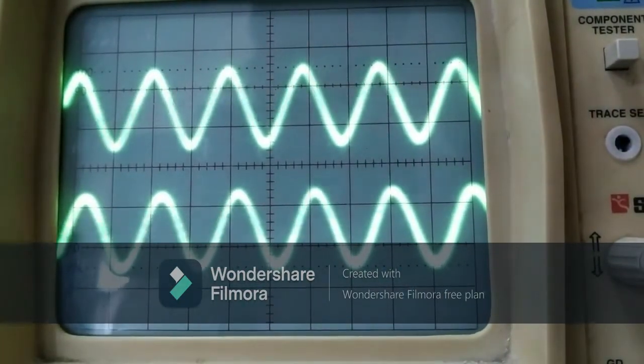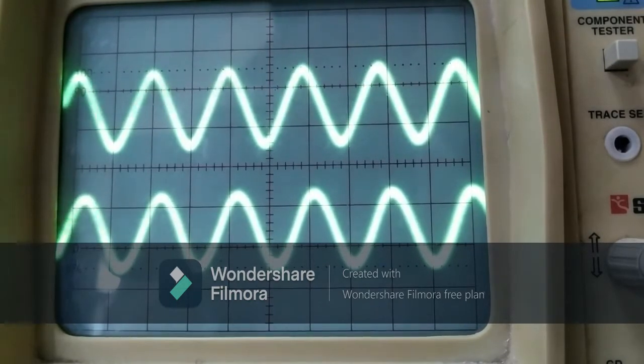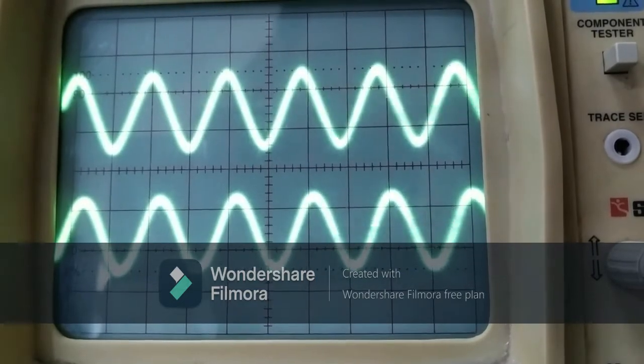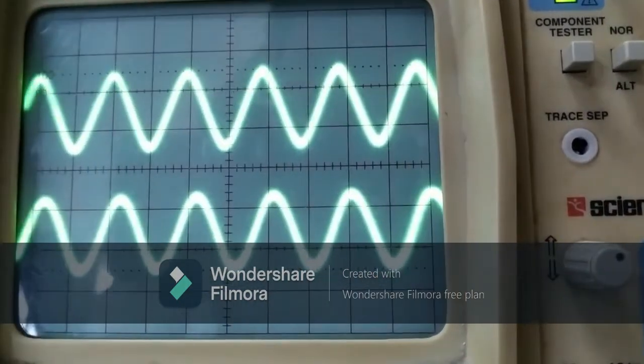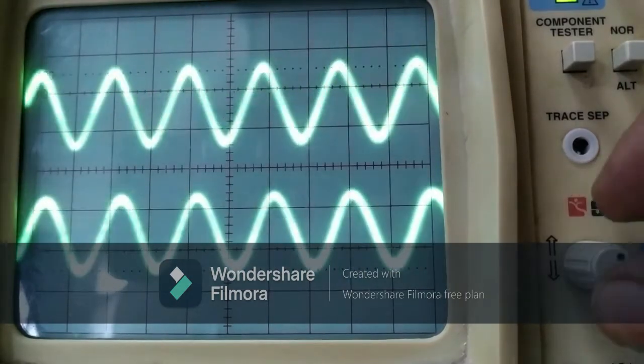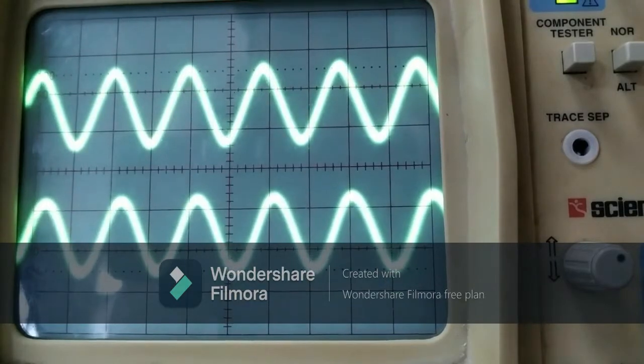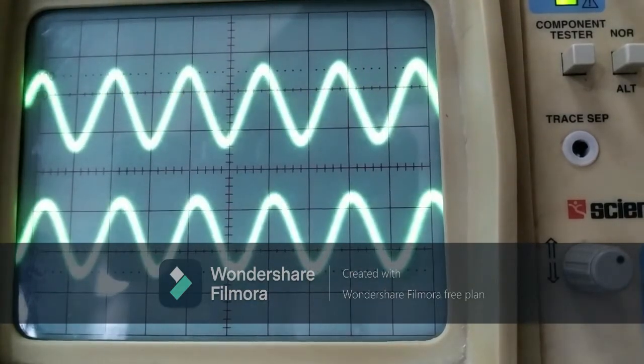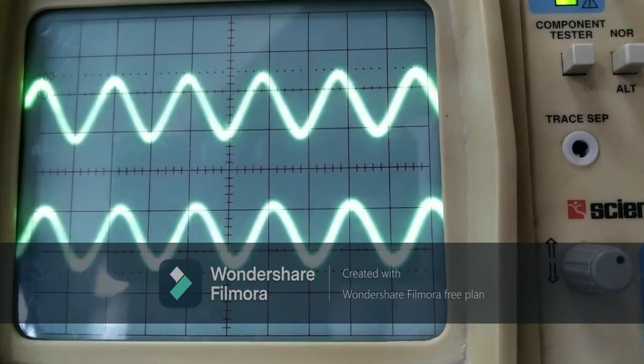Now the output of the balanced modulator is connected to the input of the demodulator circuit block, and the output of the demodulator is connected to the low pass filter, and the waveform at the output stage of the low pass filter is observed over here. Now this signal is the modulating signal and this one is the demodulated signal. Now we'll check by varying the amplitude of the modulating signal.